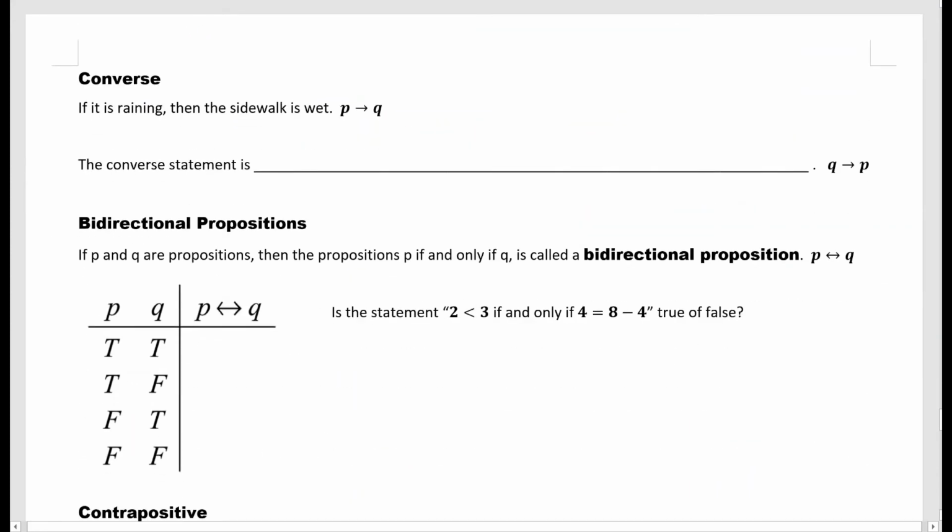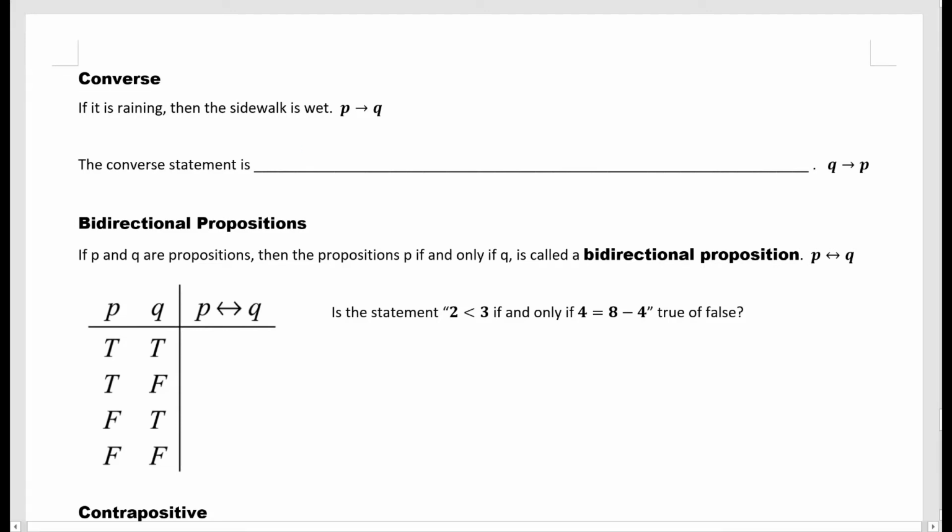Converse statements. If it is raining, then the sidewalk is wet. P implies Q. Okay, the converse statement. So converse statements means we just switch the P and Q. Okay, so the converse statement is going to be Q implies P. So we switch the propositions.